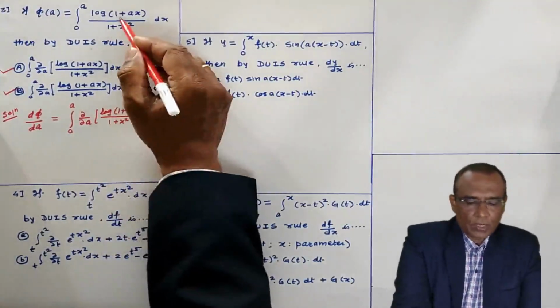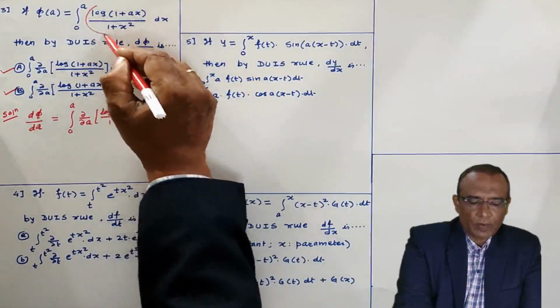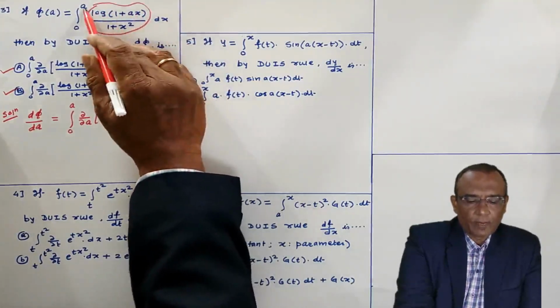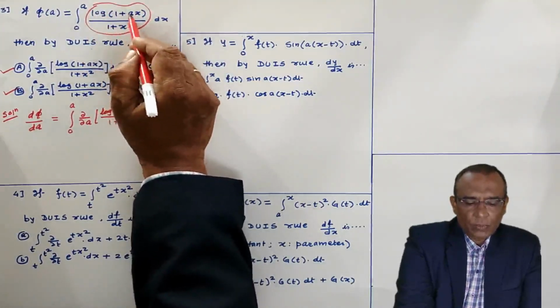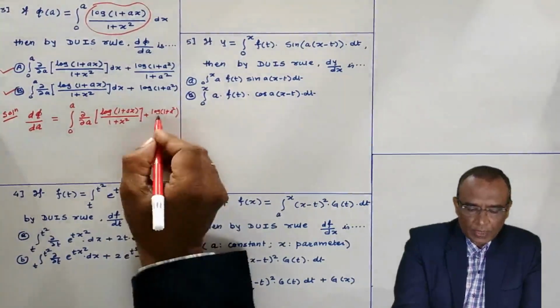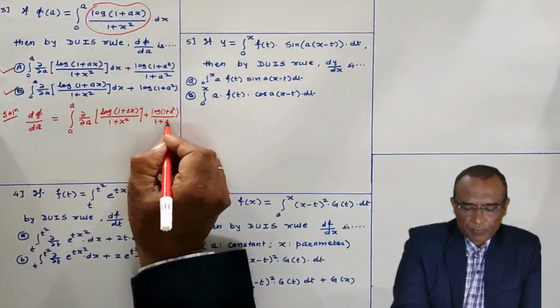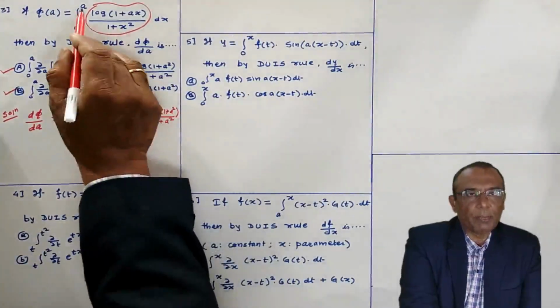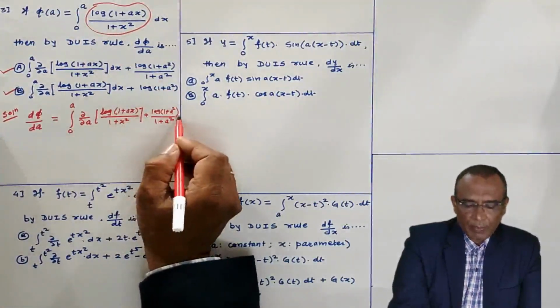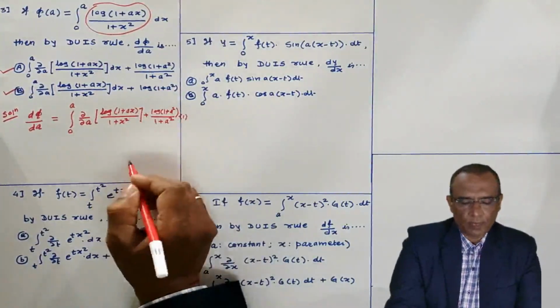Now this function, a completely integrable function, put x equal to a, log of 1 plus a into a is log of 1 plus a square divided by 1 plus a square. Put x equal to a, the upper limit, multiplied by the derivative of a, which is 1.